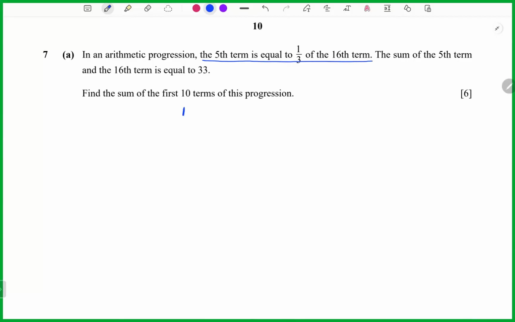It means we take u5 equals 1 over 3 u16. The next sentence: the sum of the 5th term and the 16th term is equal to 33. So you take u5 plus u16 equals 33.